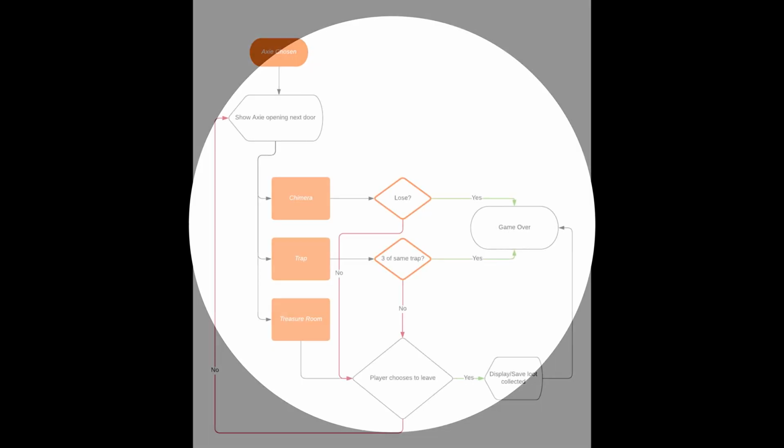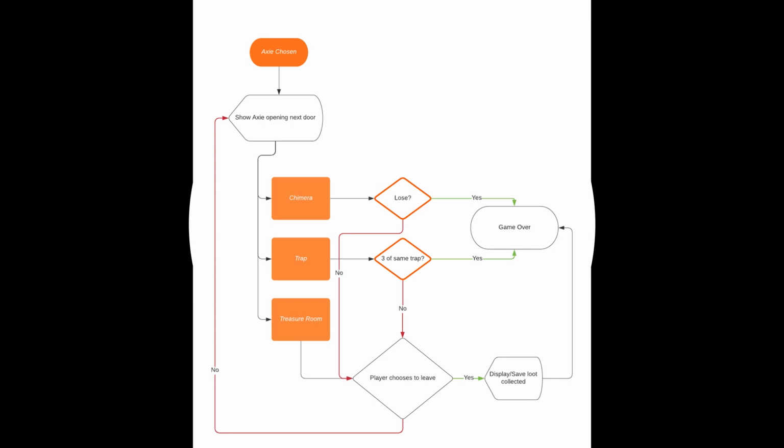Let's look at a different view of the game. This is a flowchart of the gameplay. You'll choose your character, and you can either enter a trap room, a monster room, or a treasure room. At any point, you can choose to leave, and you will get rewards for monsters that you beat or treasure that you acquire.